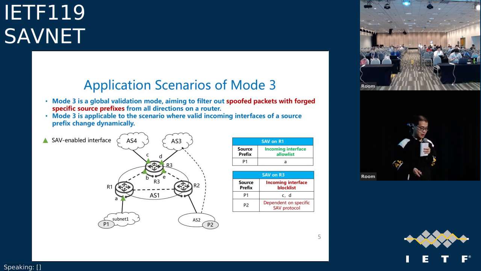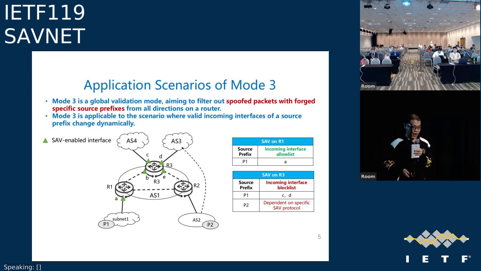That means the source prefix P1 has only one valid incoming interface on R1, that is interface A. So we can apply an incoming interface allow list for the source prefix P1 on R1 to filter spoofed traffic from other directions.